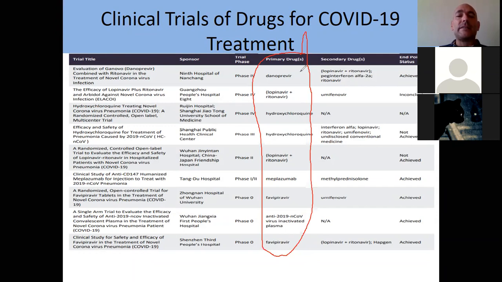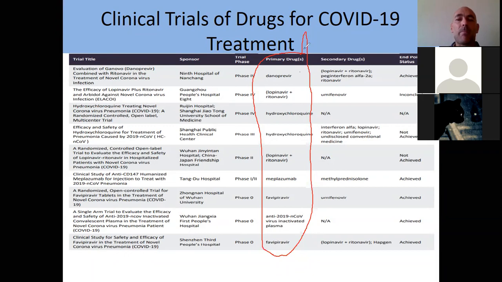So the idea is that the mechanism for viruses to infect the body is quite similar. So a drug that worked for one virus could also work for a different type of virus, okay?